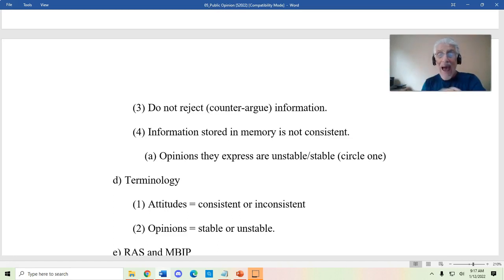When we talk about attitudes, we talk about them being either consistent or inconsistent. When we talk about opinions, we talk about them being stable or unstable. So be sure that when you're writing out your answers to any essay question, that when you talk about attitudes, use consistent and inconsistent to describe them.